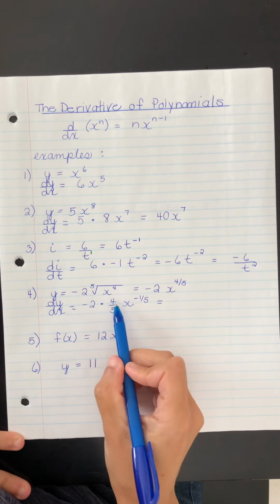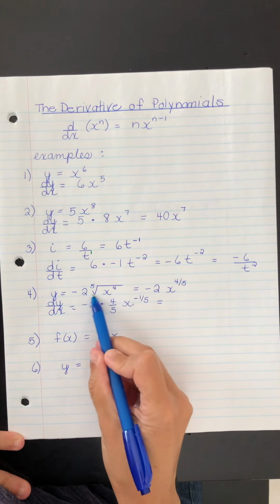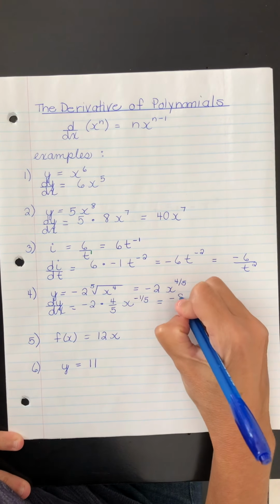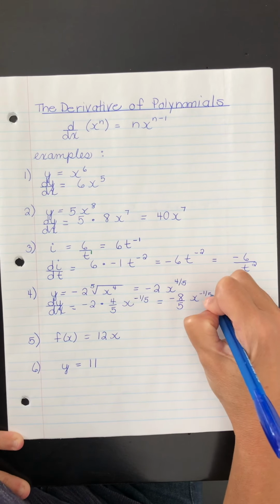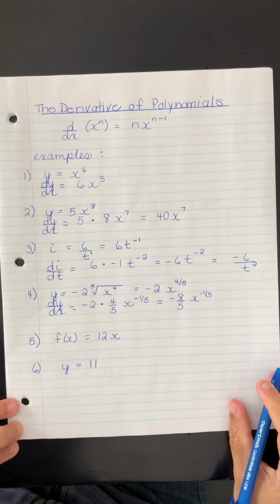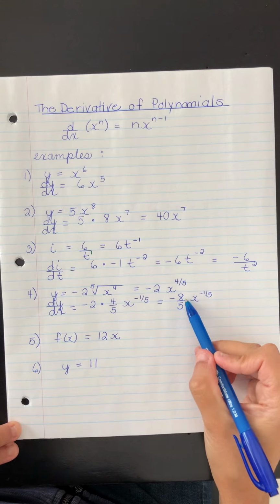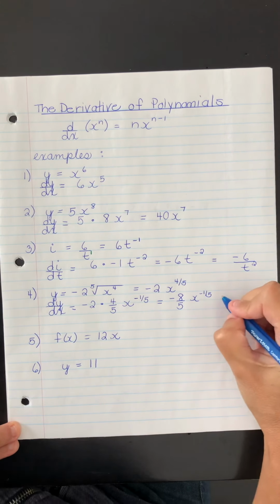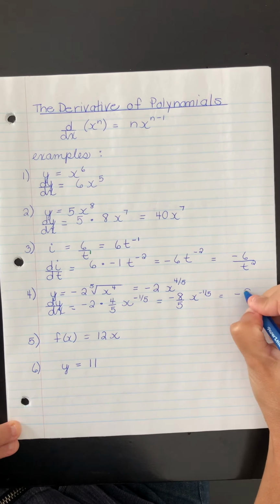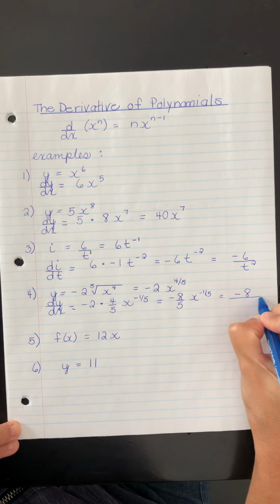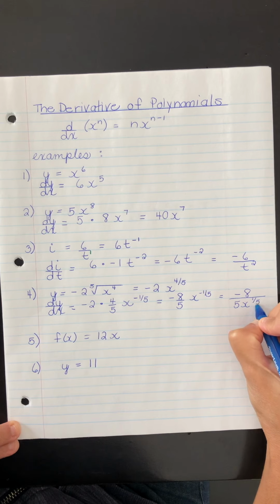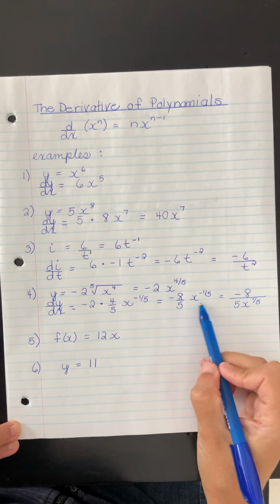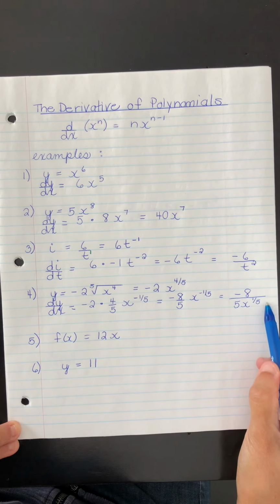This will give us, after multiplying here, negative 8/5 x to the negative 1/5. To complete this, we'll make our exponent positive. So negative 8 over 5x to the positive 1/5. So the power goes into the denominator.